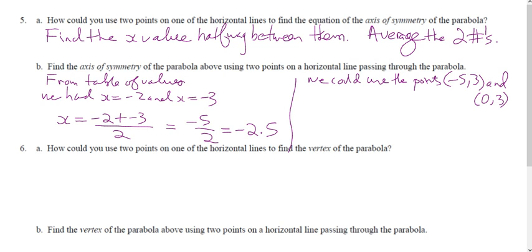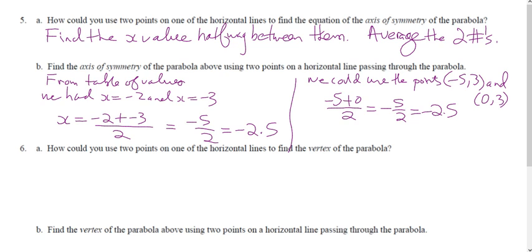So remember, the idea is find 2 points whose y coordinates are the same. So -5, 3, and 0, 3. And then average the x values. So -5 plus 0 over 2 is -5 halves, or -2.5.